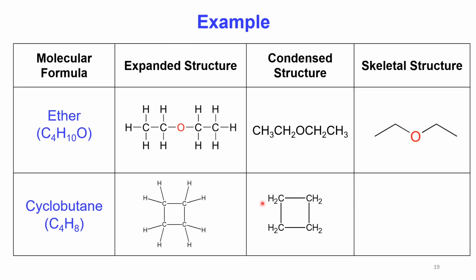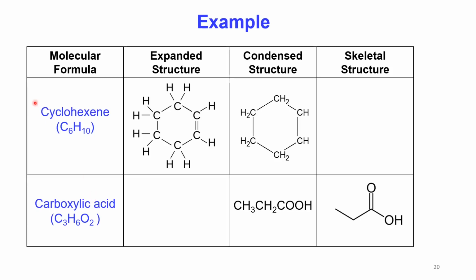For the condensed structure, just show the single bonds between carbons in the ring. And for skeletal, just write the square shape, with no need to write carbon and hydrogen. So this is the skeletal structure for cyclobutane with formula C4H8.